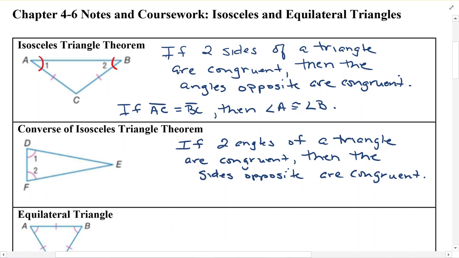So in this picture, we're given that if angle D is congruent to angle F, then the sides opposite, DE and EF, have to be congruent.